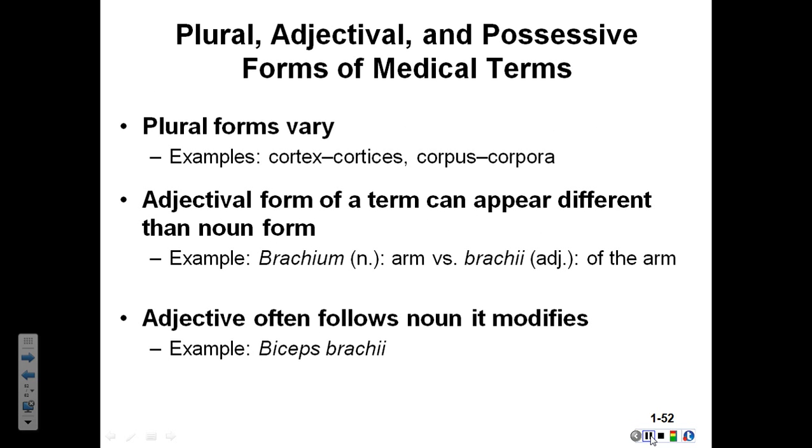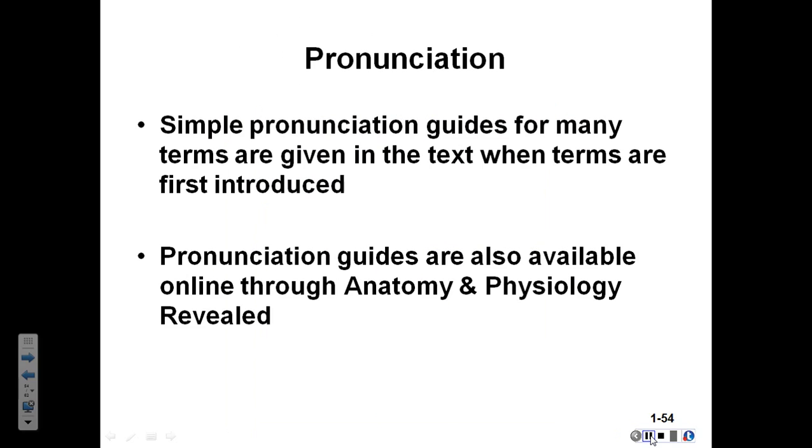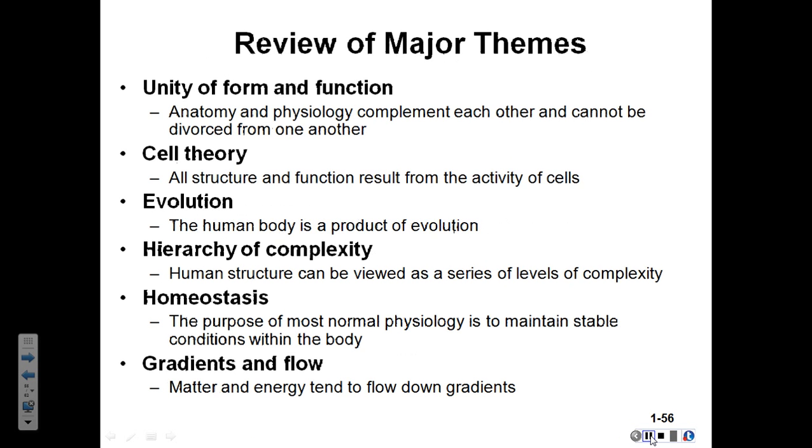Brachium, arm, brachii. Biceps brachii, nouns or adjectives, what we look at. So there's a table that breaks the prefixes and the endings of words down, what they mean, and they can have different terminologies. So these are just some review terms.